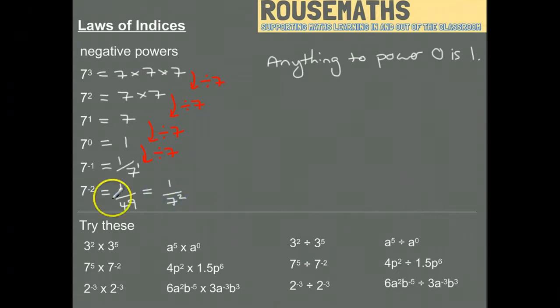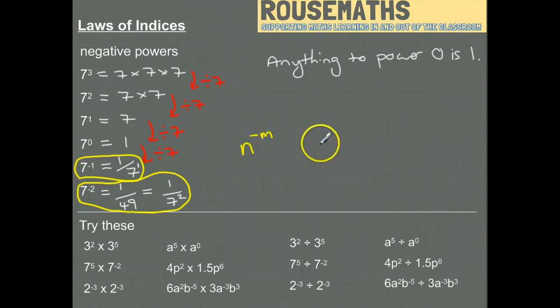If you have a look at the pattern here, 7 to the minus 1 has ended up as 1 over 7 to the power 1, and 7 to the minus 2 has ended up as 1 over 7 to the power 2. So what that means is that if you've got a negative power, I'm just going to call it n to the minus m, for example, then that can be rewritten as 1 over the same number but to the positive power.